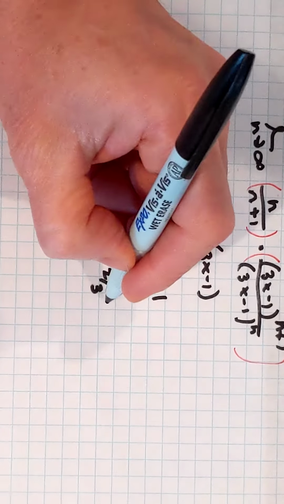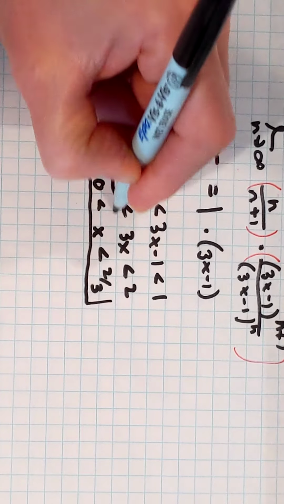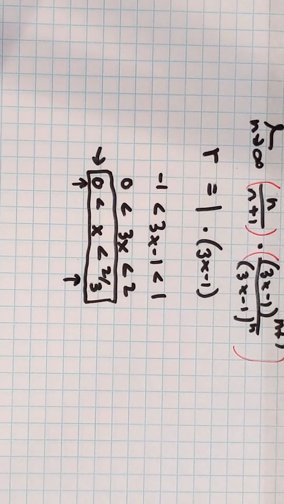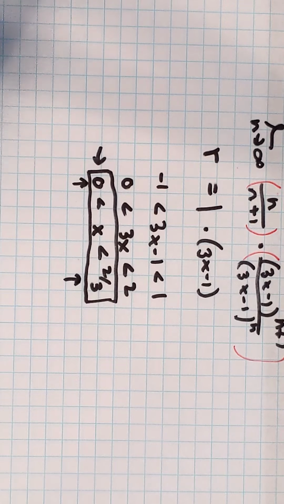Now this is the interval of convergence. However, I'm not quite done, because these two end values could converge as well. So I'm going to check those in a second and create their own little tests.